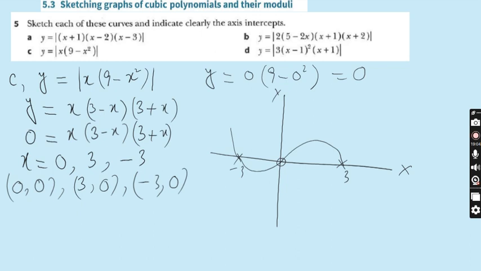Now, these two lines just show that the graph goes forever, and because we have to draw the graph of the modulus function, this part which is below the x-axis must be reflected. So our graph is like this, and then this, and then this one. So hope you completely understand how to draw the graph of a modulus cubic function.